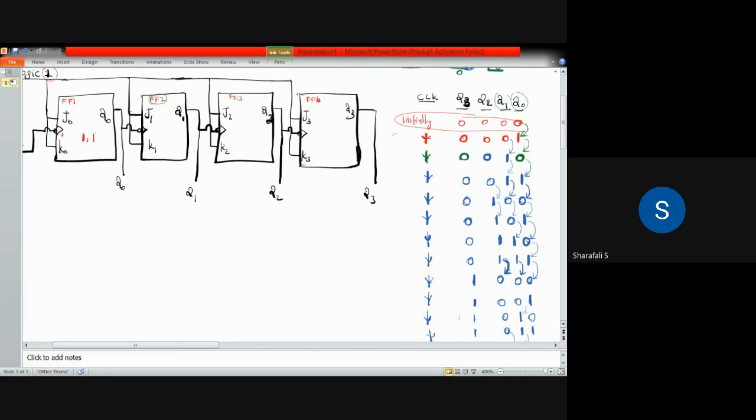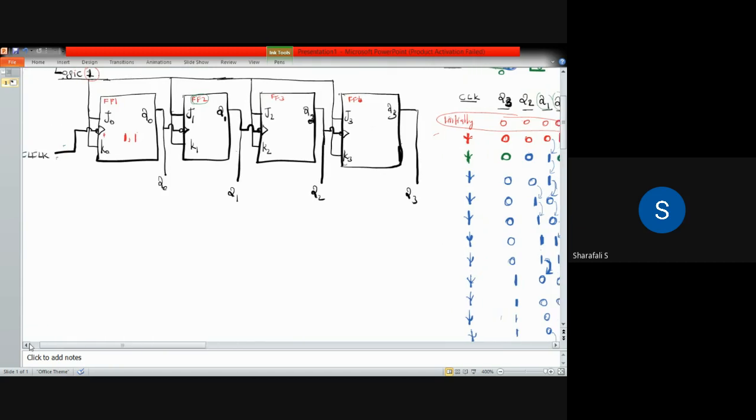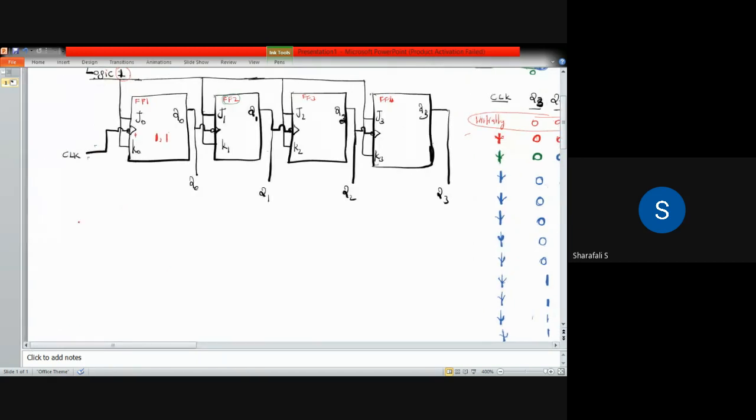And if you want to draw the clock pulse diagram, you can also do that. So we need at least how many pulses? 16. So let's consider 16. I'm just drawing it roughly. 1, 2, 3. I don't know whether I can have 16 or not.